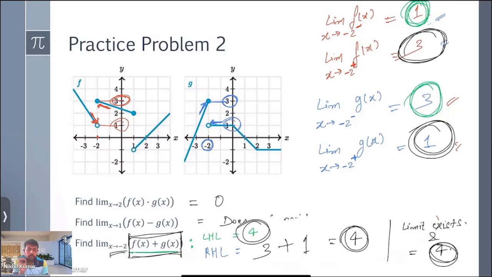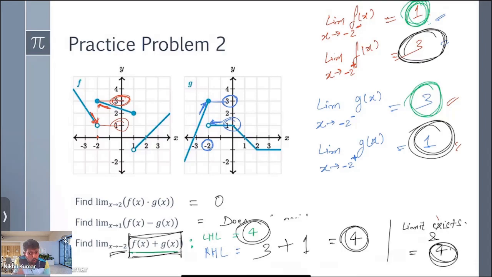So whenever you have a combination of functions, and when you find that the limit of one of those functions does not exist, don't make a hasty judgment and say that limit of this combination of functions also does not exist. That's not true. We've just seen, the limit of f of x did not exist at x equal to minus 2.